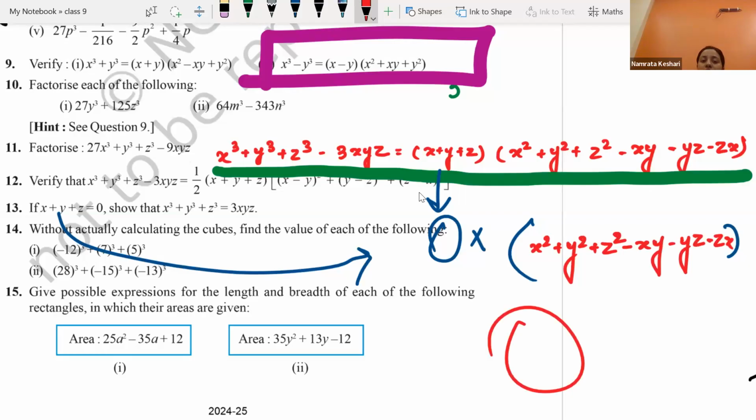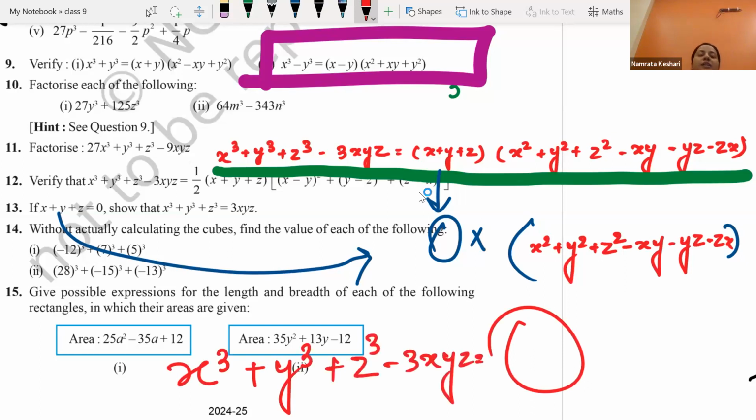Okay, that means we are just having the left hand side of the formula, that is x cube plus y cube plus z cube minus 3xyz is 0. When x plus y plus z is 0, then the formula has taken another shape. From here, we are able to show whatever we are supposed to show. Is it crystal clear? Yes, ma'am. Is it clear to all of you? Yes, ma'am.